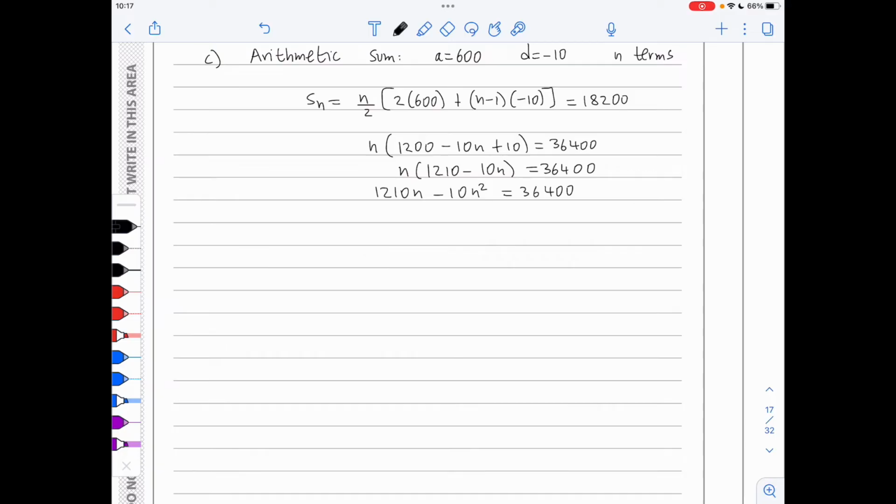I'll divide everything by 10, so 121n minus n squared is 3,640, which leads to n squared minus 121n plus 3,640 is 0, which is exactly the result we were trying to obtain.